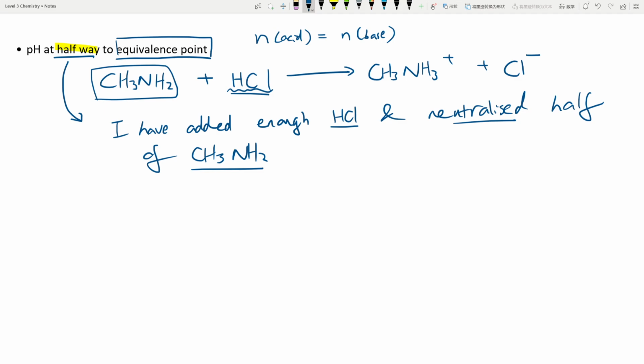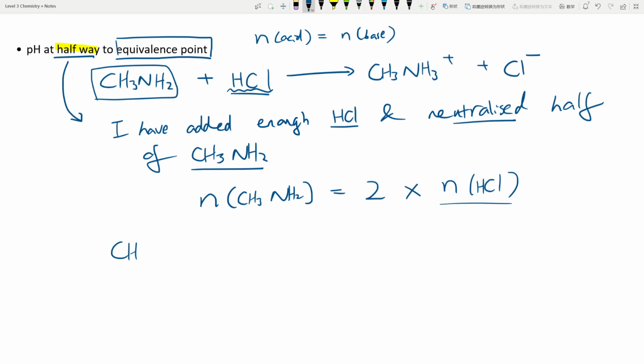So what does that mean? That means the mole of CH3NH2 is going to be twice as big as the mole of HCl. Okay, so the mole of HCl, in this case, let's just write this equation again. I'm just going to use X to do these, because this is only part one. I can obviously make this a lot more difficult if I want to, but I'm hopefully not trying to scare you off too much.